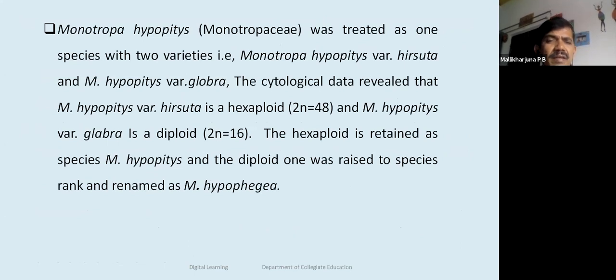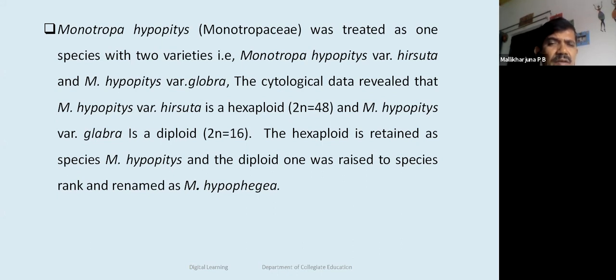Similarly, even among varieties we can use chromosomal data to solve problems, such as Monotropa hypopitys, which has two varieties and belongs to the family Monotropaceae: Monotropa hypopitys variety hirsuta and Monotropa hypopitys variety glabra.